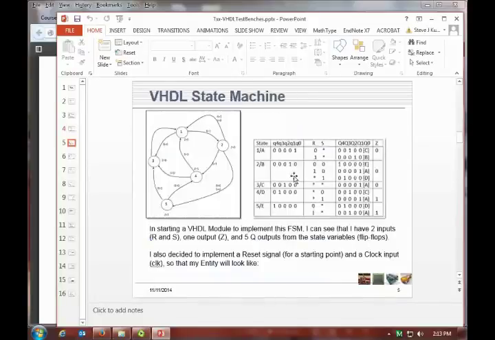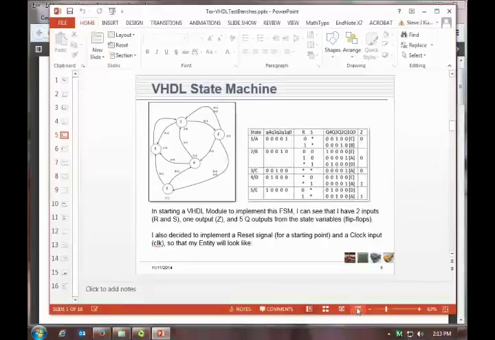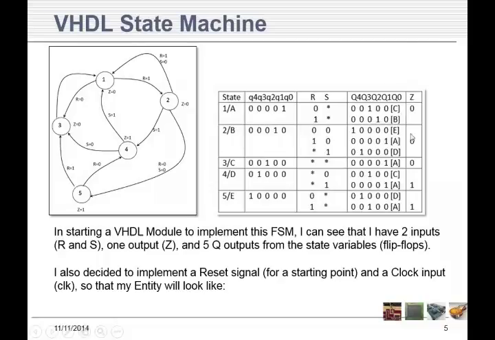Okay, so here's both the diagram and the table. I've gotten rid of the flip-flop columns.